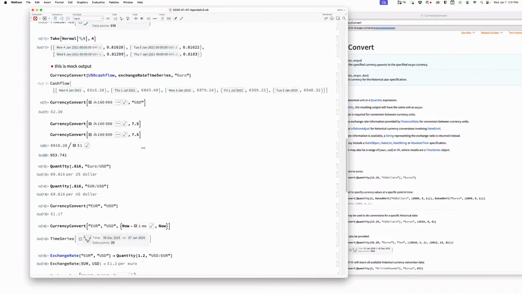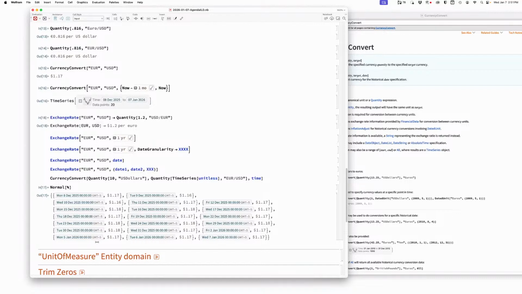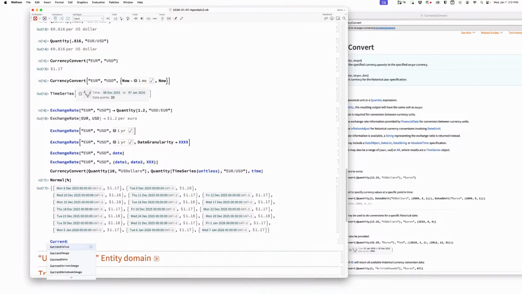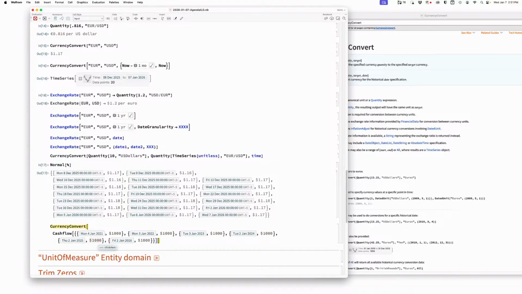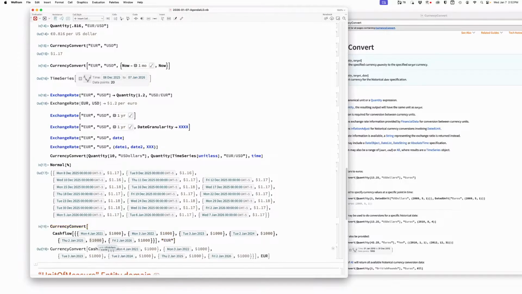So then what we'd be doing is currency convert of that cash flow, which is in dollars, to euro, for example. Which presumably doesn't work right now. It doesn't work right now, which is good. Okay, so that's got to be made to work.